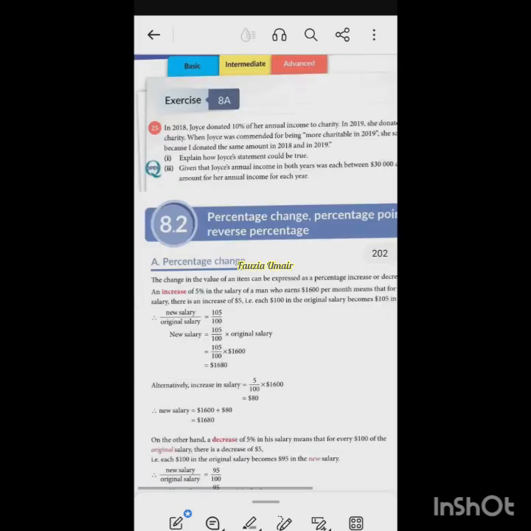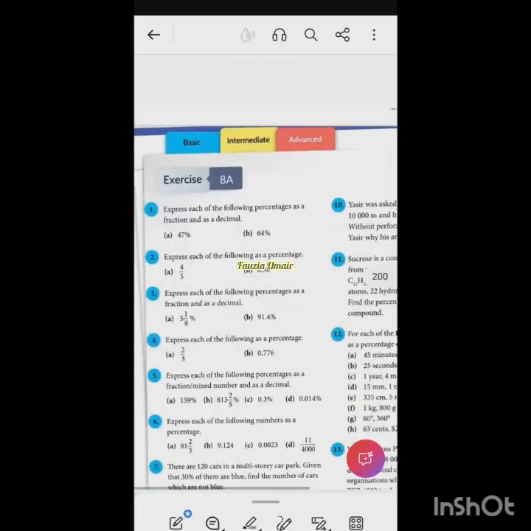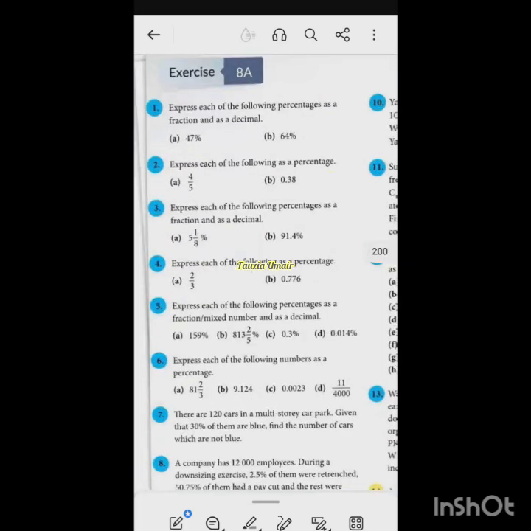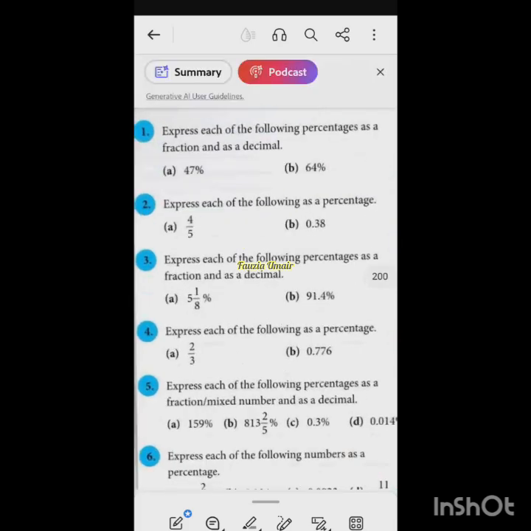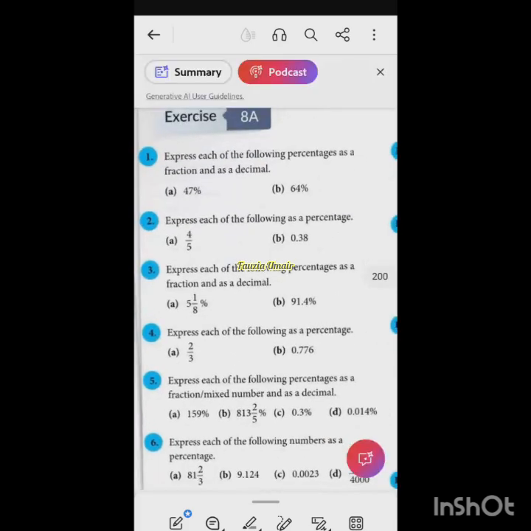The first 6 questions we need to do. Can you see it on your screen?